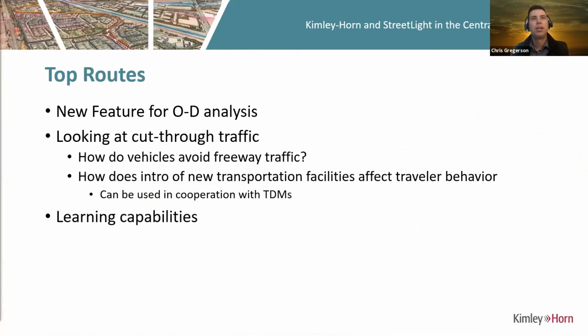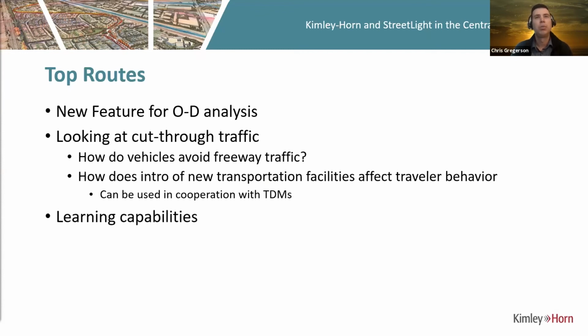So I wanted to close out with the top routes feature that we've just started exploring. And this is another StreetLight application that we can use in combination with travel demand models. Right now, we're looking at congested freeways, a problem we're seeing throughout California.